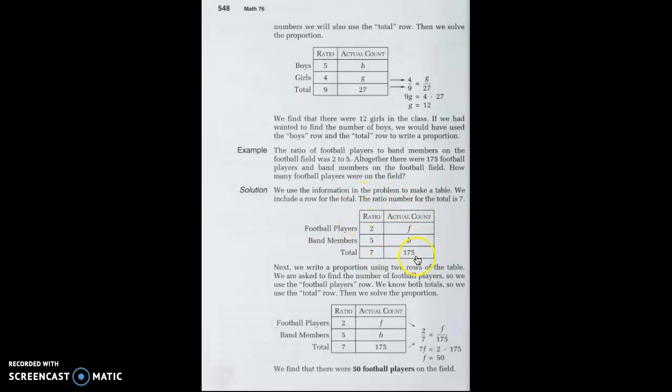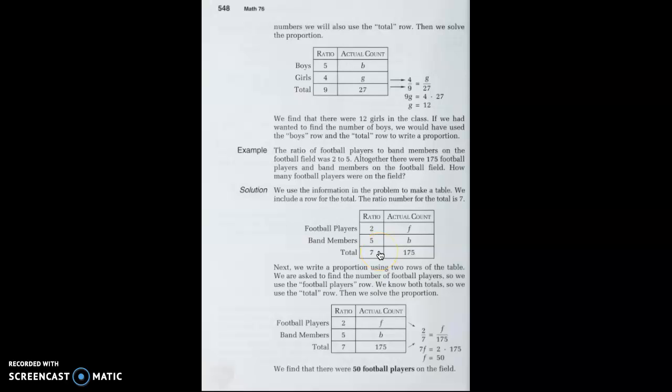So if you look at the ratio box below, and this is really a good strategy when you guys are solving for unknowns using ratios, is to fill out what you do know and then include a total box. So using this right here, because the question is asking how many football players are on the field, we're going to say 2 out of the 7 on the field were football players.